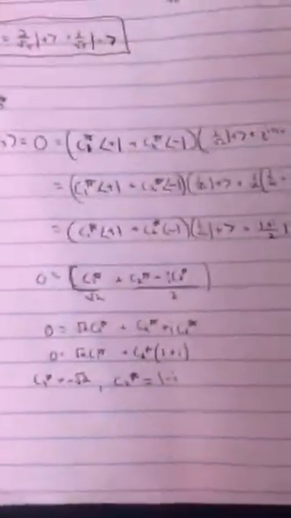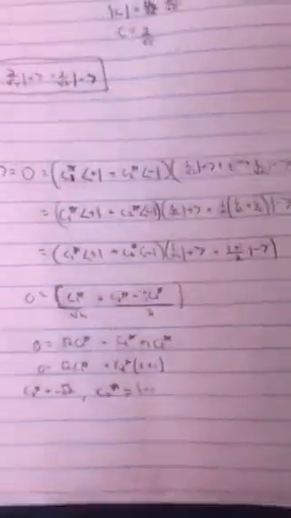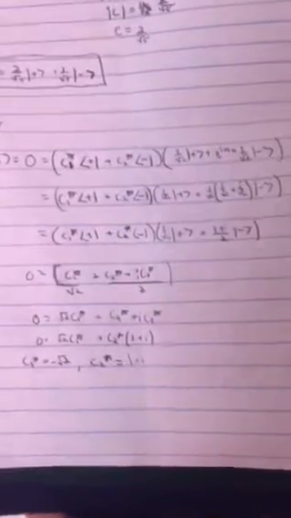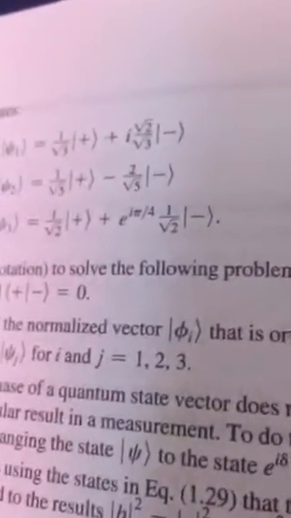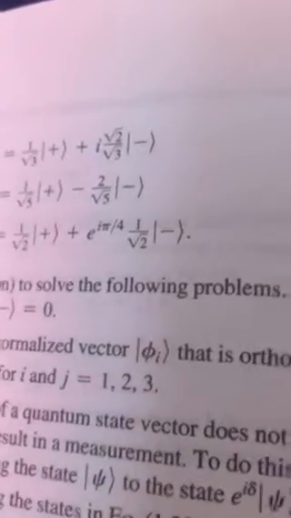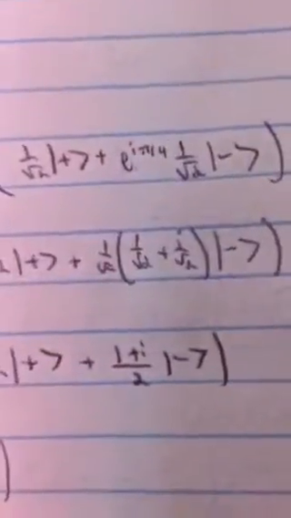And once again, we go through the same process for phi 3, except for this one, we had this coefficient e to the i pi over 4 times the square root of 2, which is a little tricky to work with. So instead, I use this triangle to convert it to (1 + i) over root 2.